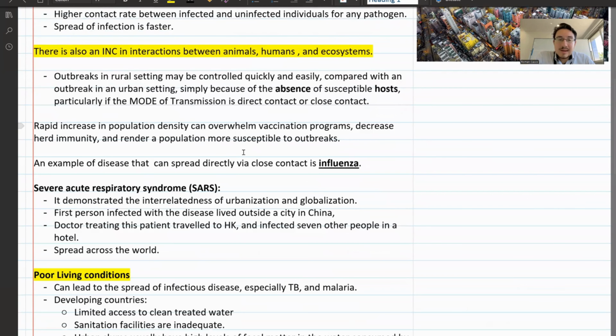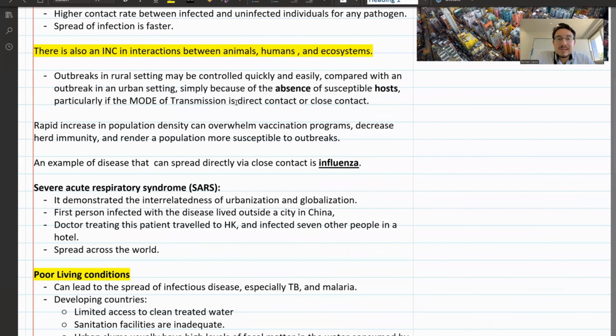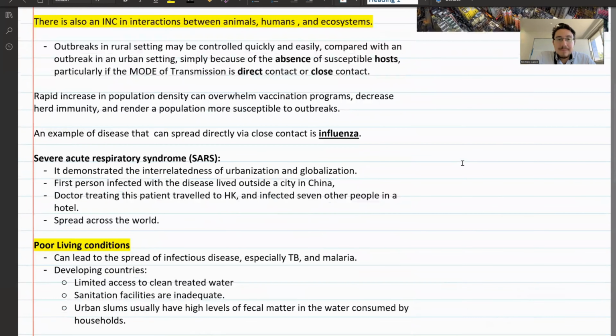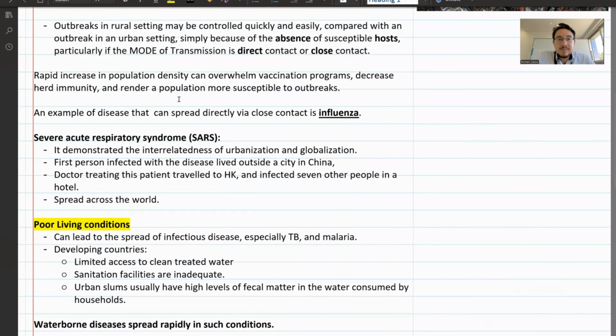Especially you can mitigate it if the mode of transmission is limited to direct contact or close contact. Since there aren't that many individuals, transmission greatly decreases, right? But where there's a great increase in population density, you're most likely going to have a very efficient mode of transmission.